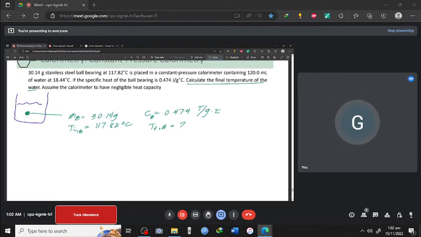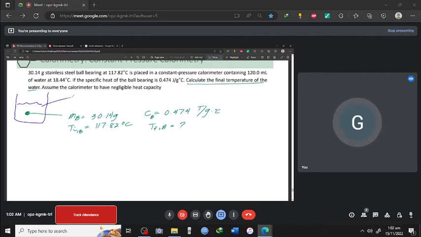So again, sabi nga natin na pag meron tayong dalawang object na magkaiba yung temperature, at a certain point, magiging equal yung temperature nila pag pinagsama mo na sila. So kahit sinabi dito sa question na calculate the final temperature of water, of course, you're also calculating the final temperature of the ball kasi nga equal lang naman yung temperature nung water and nung ball, no? So again, let's move forward to water.